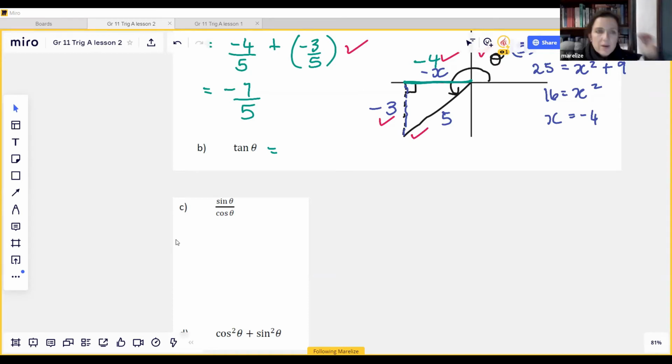Okay, Betsy, that's right. Just remember, we have to simplify. A negative and a negative make a positive. So write your final answer without the signs. So tan is y over x, so it's -3 over -4. And that gives me 3 over 4. That's what I mean by you have to simplify.